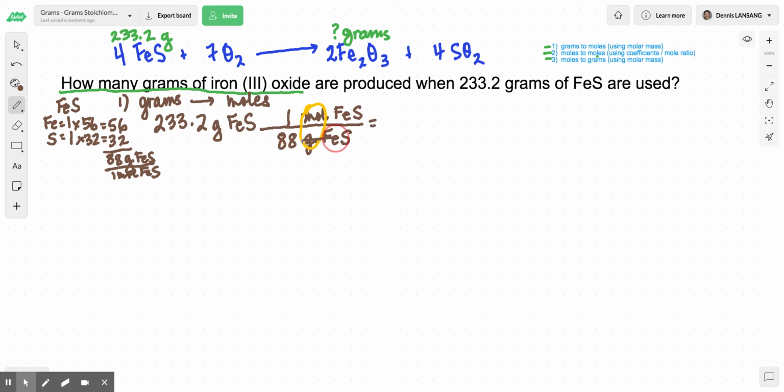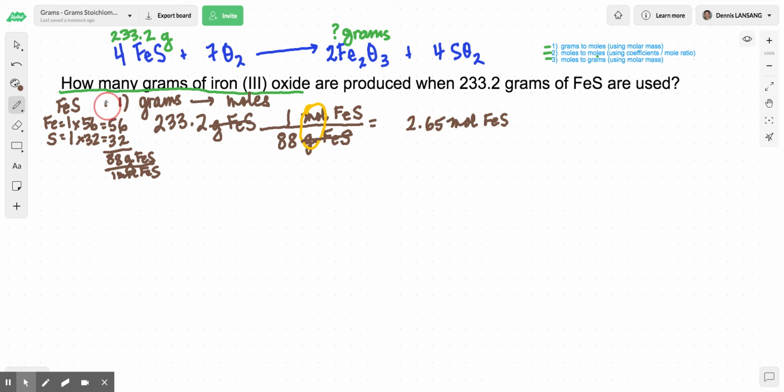We can now cancel out the grams. And now we're left with moles of iron 2 sulfide. And if you do that calculation, which is 233.2 divided by 88, we get a total of 2.65 moles of iron 2 sulfide.